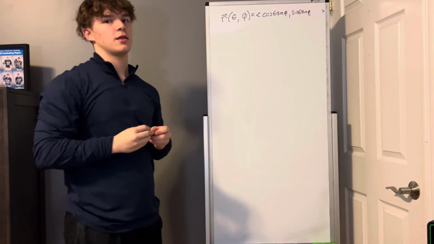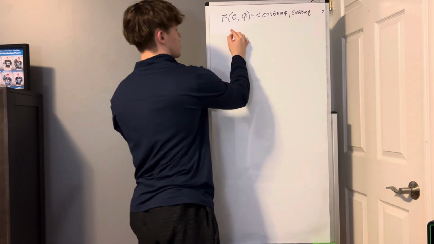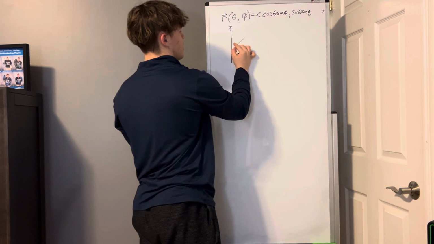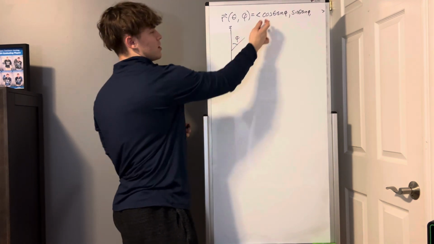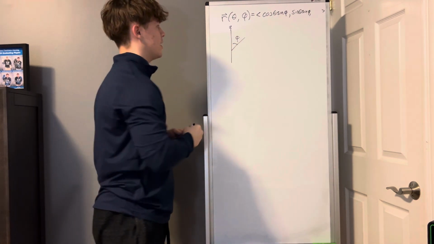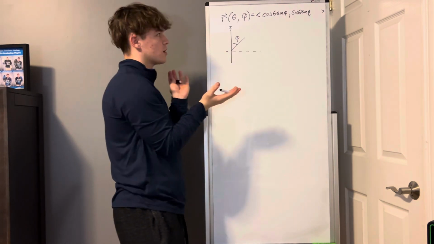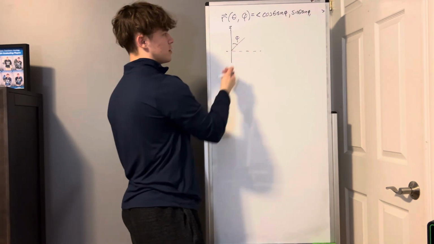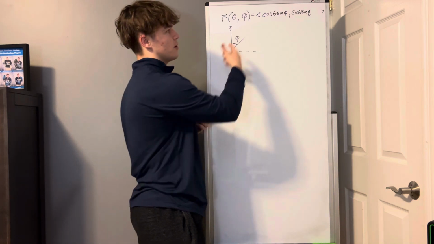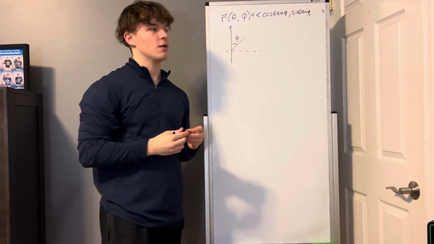Basically what this is saying is, at the top of the circle, we remember our phi comes off of the z-axis, and at the top of the circle, these are 0. And at the very widest part of the circle, where phi equals pi over 2, sine phi will equal 1, and we'll just have a regular circle.